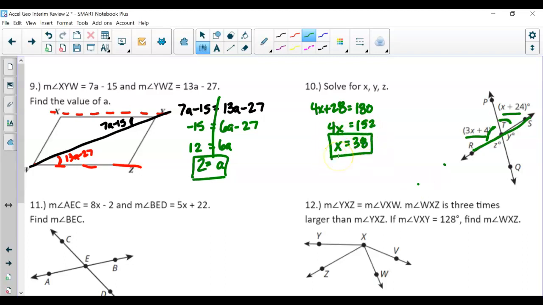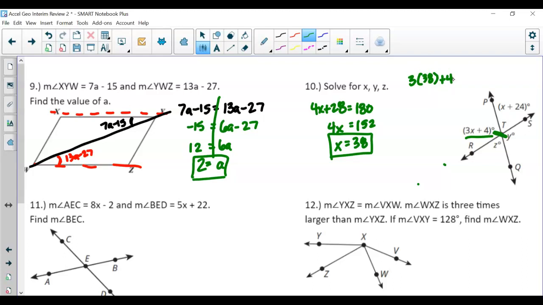So there's 1. Now, to find y and z, notice how they represent angle relationships. Well, y, notice how y is vertical to this angle here, which is congruent. So I'll go ahead and now plug in x here with 38. So 3 times 38 plus 4.